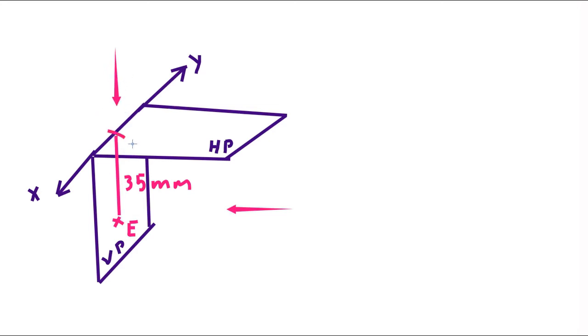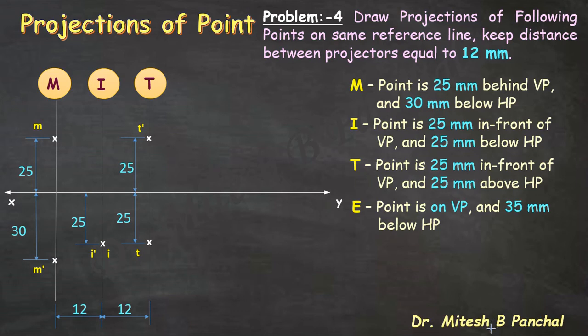So on XY line, we will get top view of point E, that is small e, and front view of point E, that is E dash, is at the same point, that is the main object point E. So we will get the answer for point E like this: top view of point E is on XY and front view, that is E dash, is 35 mm below XY.